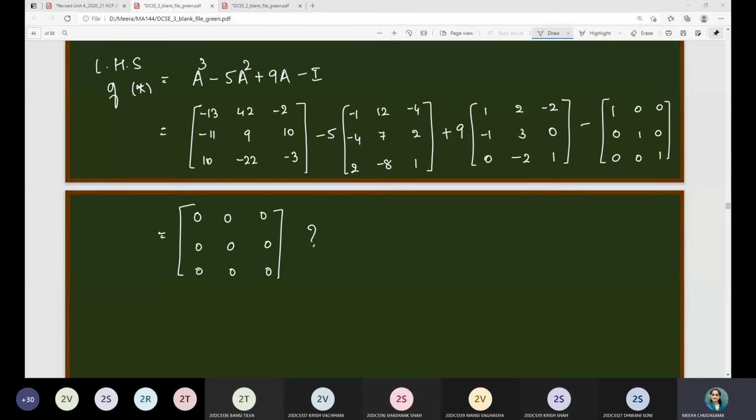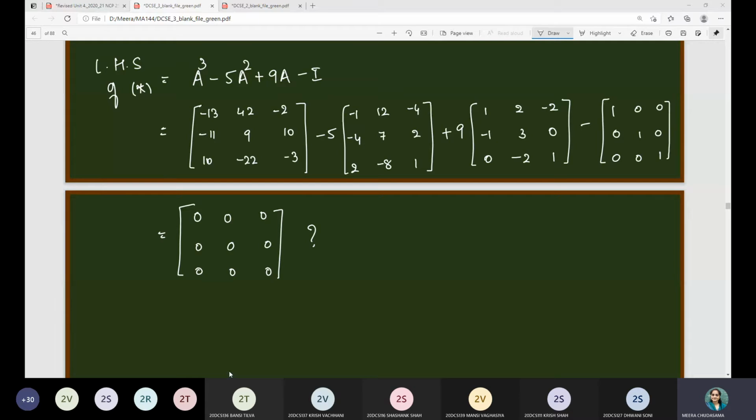Very good. Let me know how many of you got the answer. Please raise your hand. Very good. 33 students got the answer. 34. It's just a subtraction only.